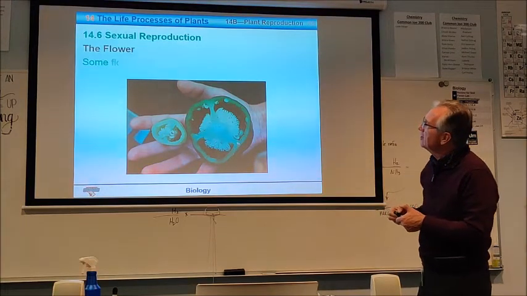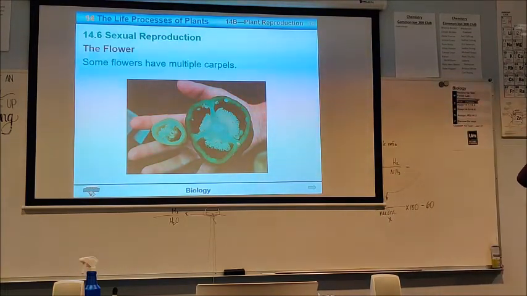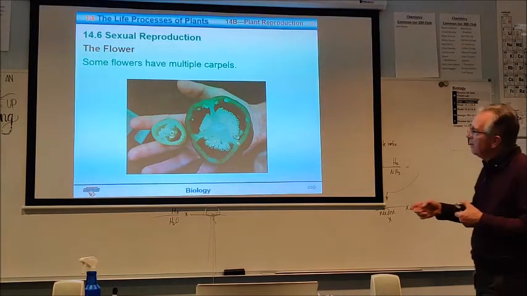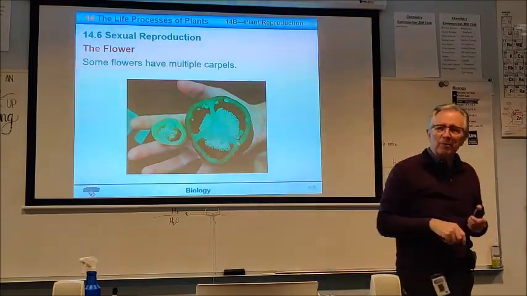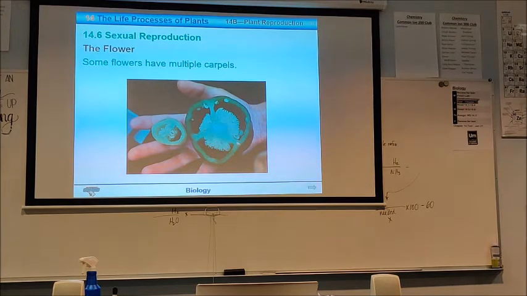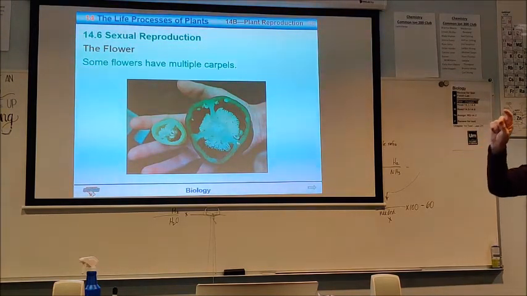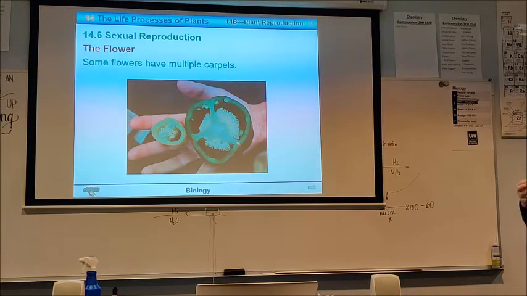Now, here's an example of some of them that have multiple carpels, they say. This looks like a cross-section through a what? Like a pepper, right? And these are the seeds. Typically, when we eat peppers, we don't eat those, right? We scrape those all out. We just eat the fleshy part around the outside, but we don't eat pepper seeds.